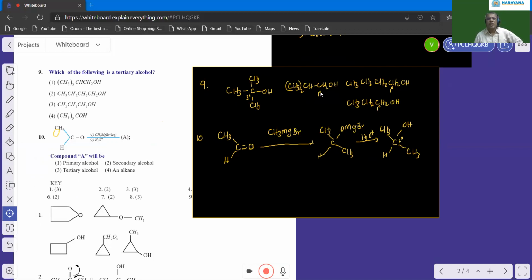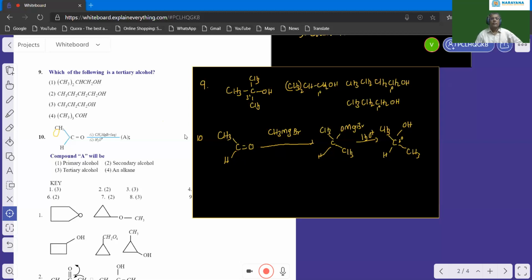OH is attached to a primary carbon. Second one, CH3, CH2, CH2, CH2OH. Here also OH is attached to a primary carbon. In the third option also, OH is attached to a primary carbon. But in the fourth option, OH is attached to a tertiary carbon atom. So the fourth option is a tertiary alcohol.